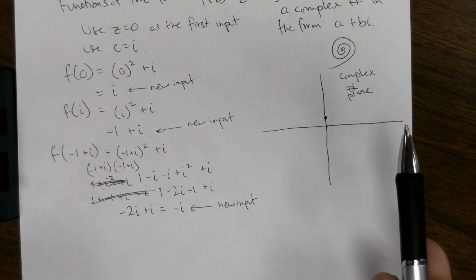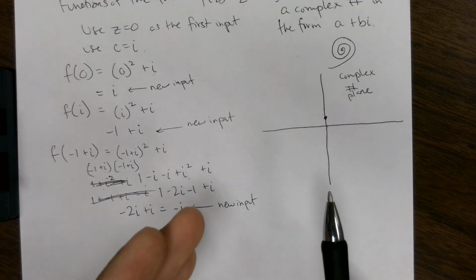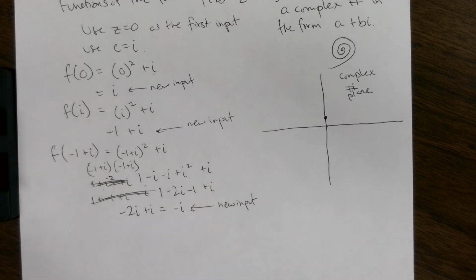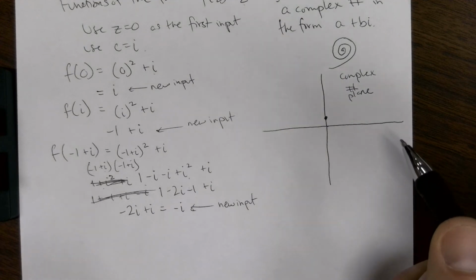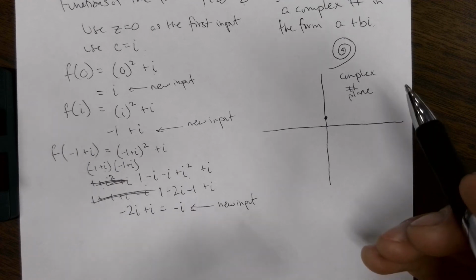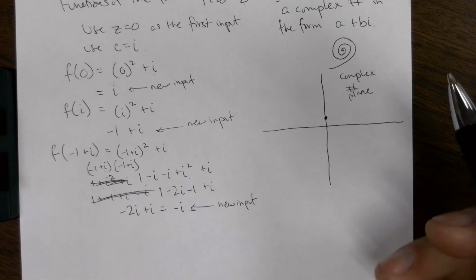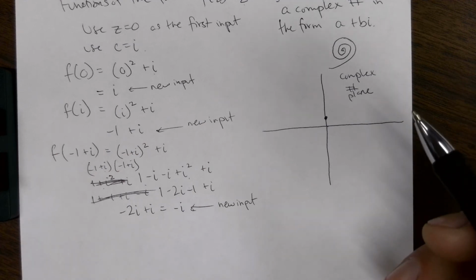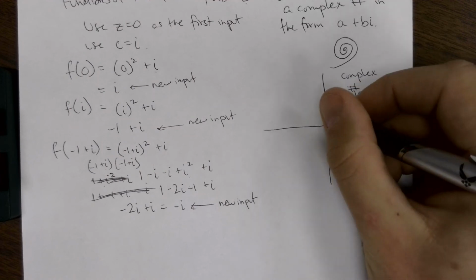It's more like a 3-dimensional thing. I'm putting in a 2-dimensional thing, I'm getting out a 2-dimensional thing. To say, oh, one's the input, one's the output, like an x and y value, that's only accounting for one of those 2-dimensional objects.